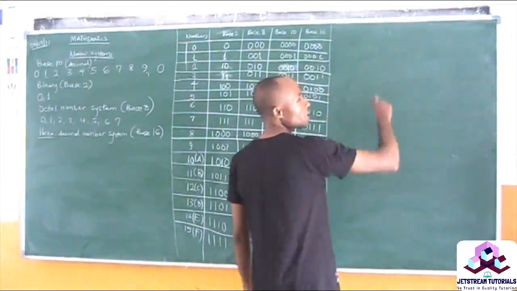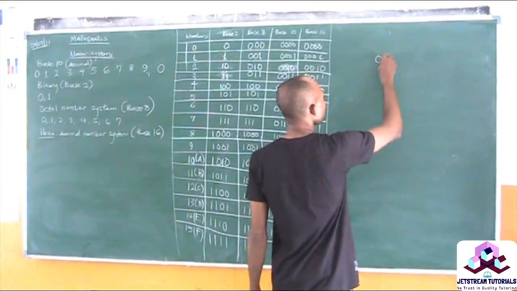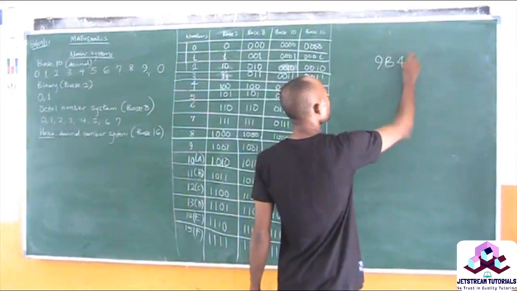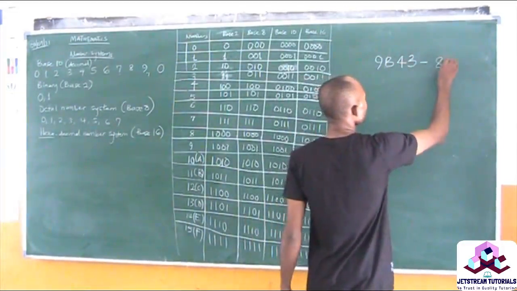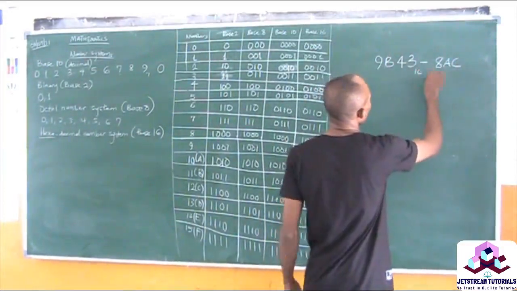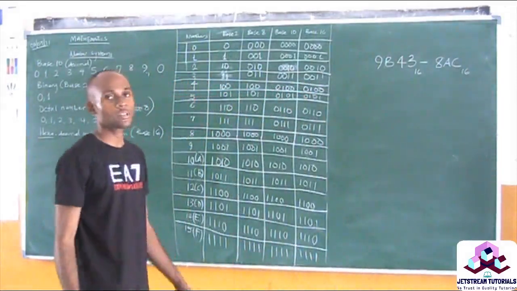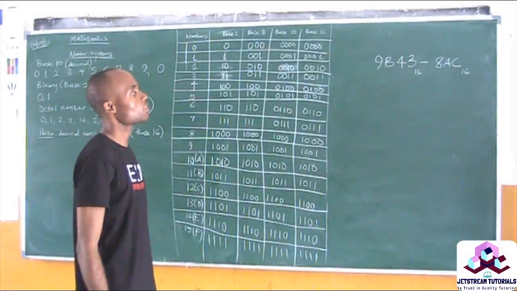I want you to solve this question: 9B43 minus 8AC. That is our assignment question: 9B43 minus 8AC.